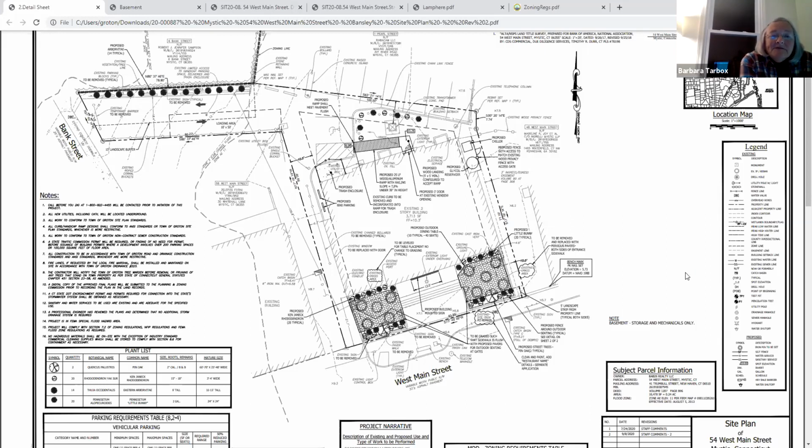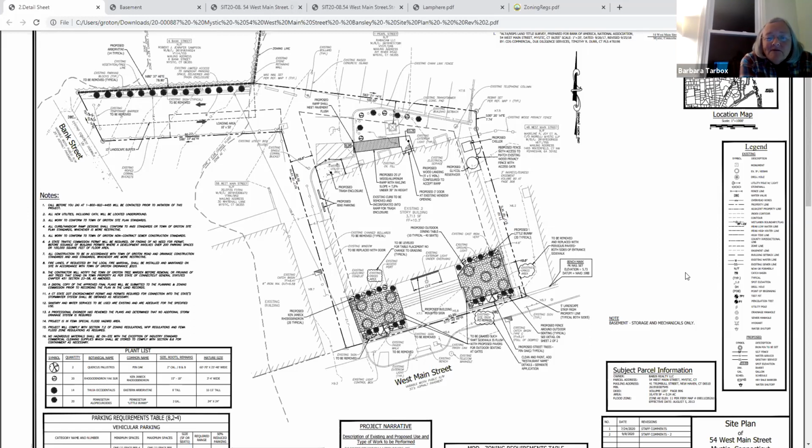And clearly there's an issue with Mystic Pizza and that other parking lot being so expensive, for one thing. I just don't see how this could work.